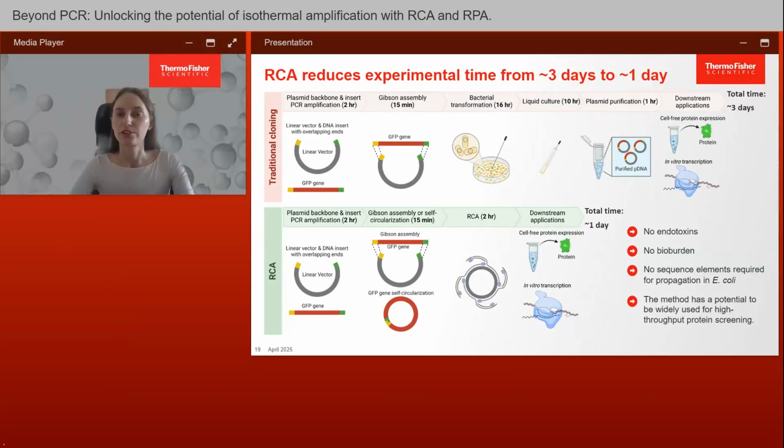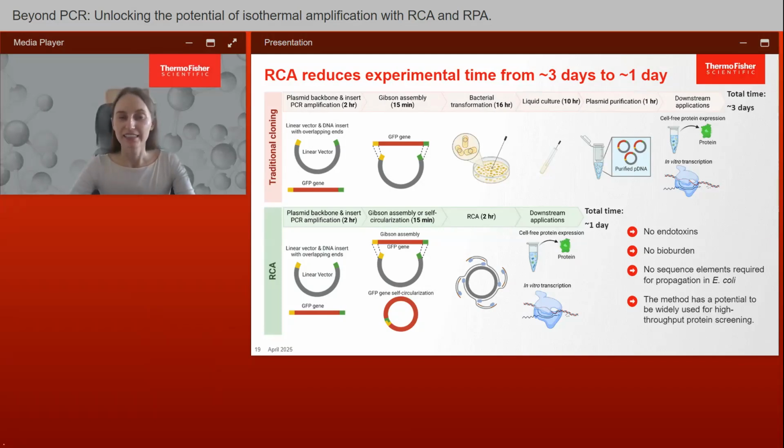By replacing traditional cloning steps that can take about 2 days with a single 2-hour RCA reaction, the workflow is reduced from 3 days to 1 day. Additionally, being entirely cell-free, there are no endotoxins, bioburden, or E. coli related issues. And we believe that RCA will be used daily to speed up high-throughput research like protein screening in the future.